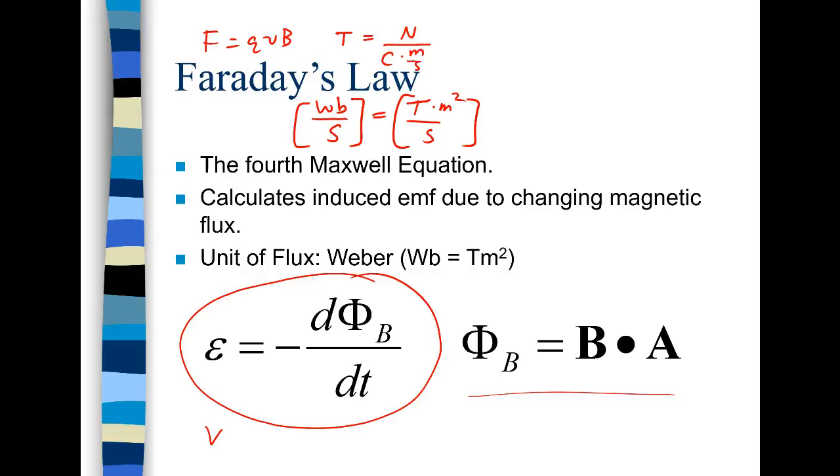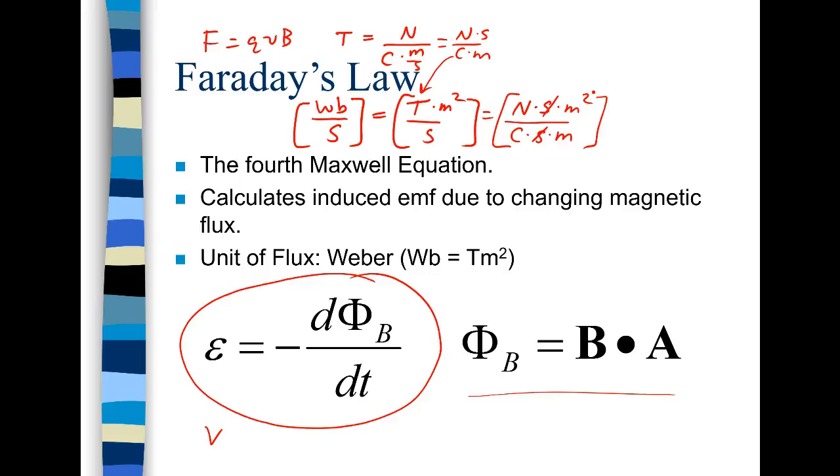So what we can do here is solve for Teslas as Newtons times seconds over Coulombs times meters, and we can plug that into here. So we get Newtons seconds times meter squared over Coulomb seconds times meters. I just rearranged a little bit.